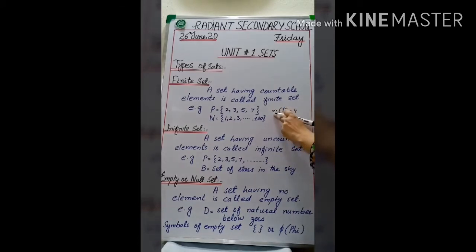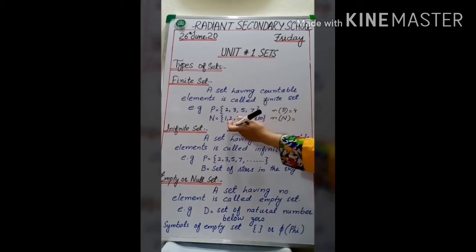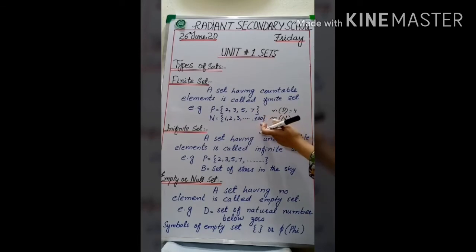Here n stands for the number of elements in the set P. In the second set, the first element is 1, the last element is 100, and in between means that the natural numbers coming in between 3 and 100 are also included in this set. So the number of elements in the set N, that will be 100.